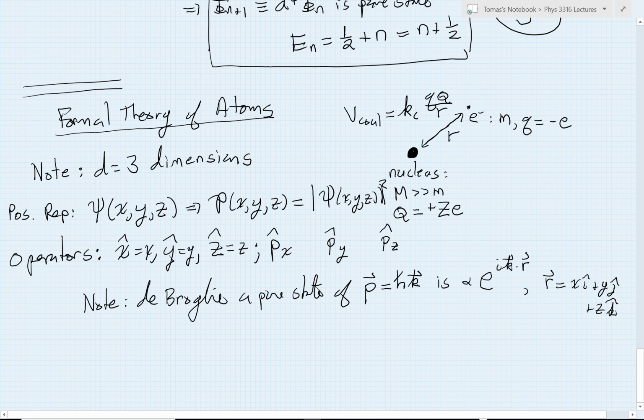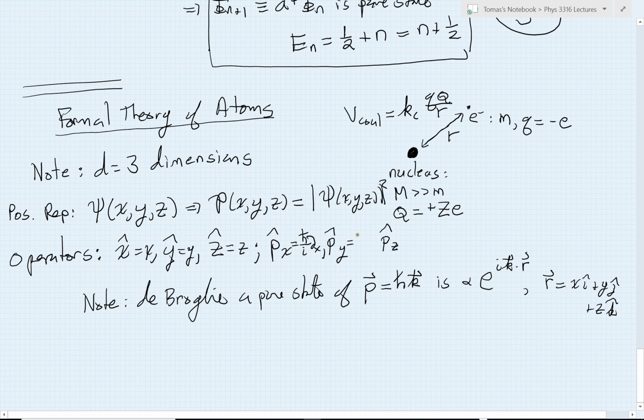Now, as soon as we have this, we realize if I want to pick out a particular component of momentum, I should just take the derivative with respect to the corresponding variable that multiplies it in this dot product. So to get the x momentum, there would be the factor of h bar to turn it into a momentum, divided by i times the x derivative, and that x derivative is what will pull out the k_x for me.